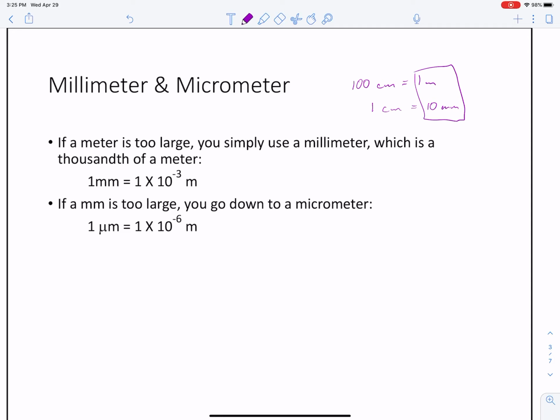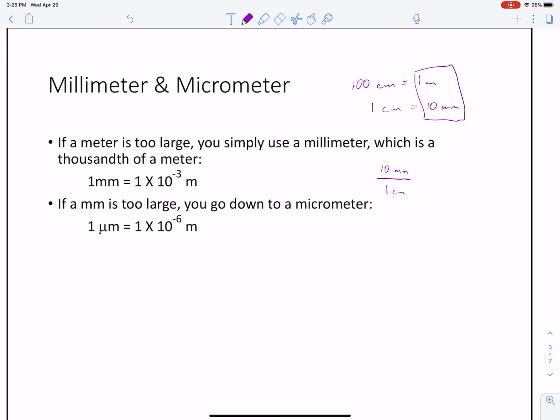If we have 10 millimeters in 1 centimeter, here's my 10 millimeters per 1 centimeter, right? So now I can start to figure out how to convert this into something more useful. We can begin to have conversion factors.